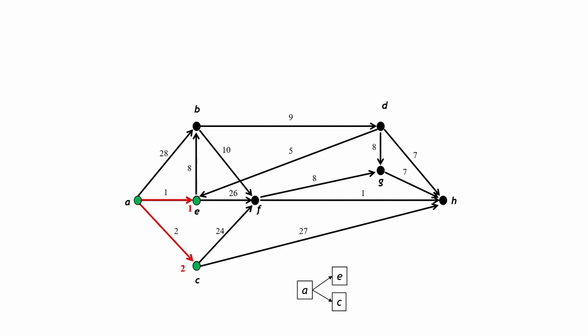This is 2 to go from A to C. We add C down here, also connected to A.